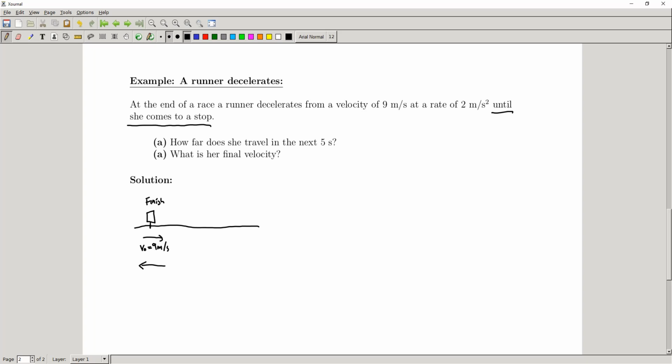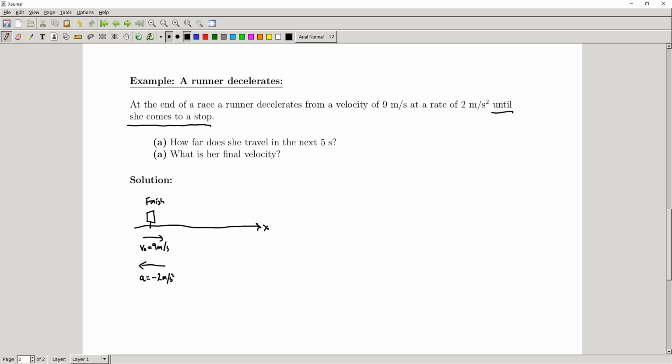She's slowing down, so we're going to say a is equal to minus 2 meters per second squared. We're going to call this our x-axis. And so we want to know how far down the track she's going to travel in the next 5 seconds.